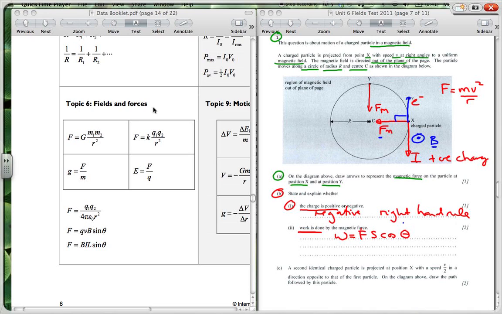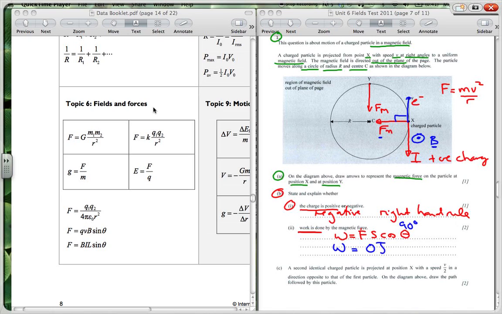So the cos of 90 degrees is equal to 0, so the work done is equal to 0 joules. So whenever you have centripetal force causing circular motion, the force that is at 90 degrees causing that circular motion is doing no work.